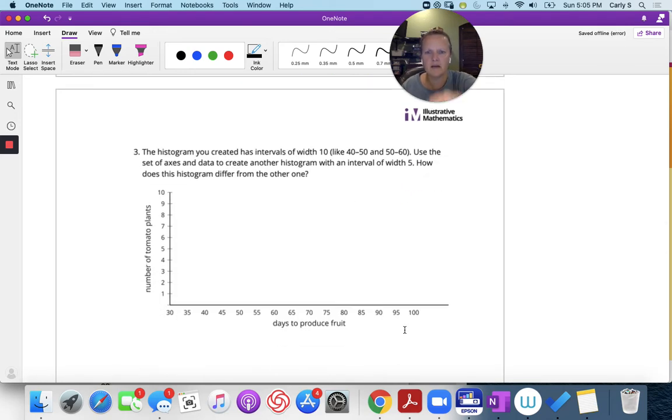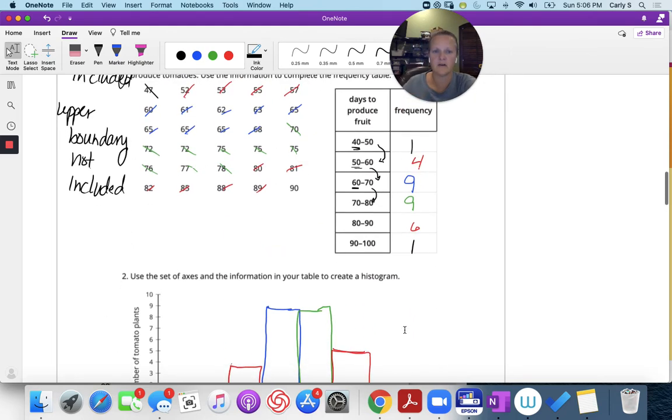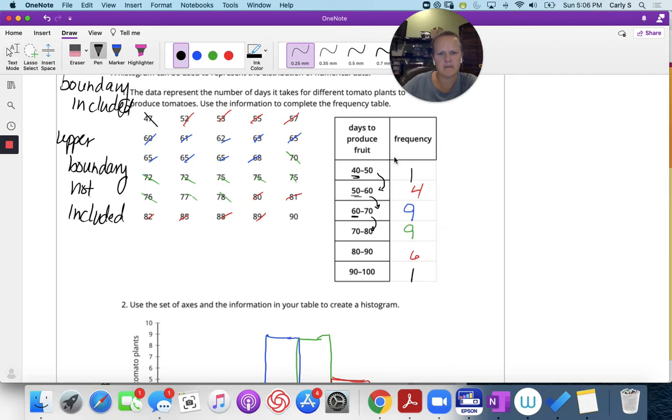Okay, but what about this one? The histogram that we just created has intervals of width 10, like 40 to 50, 60. Use a set of axes and data to create another histogram with an interval width of 5. How does this histogram differ? All right, well, we need different intervals.